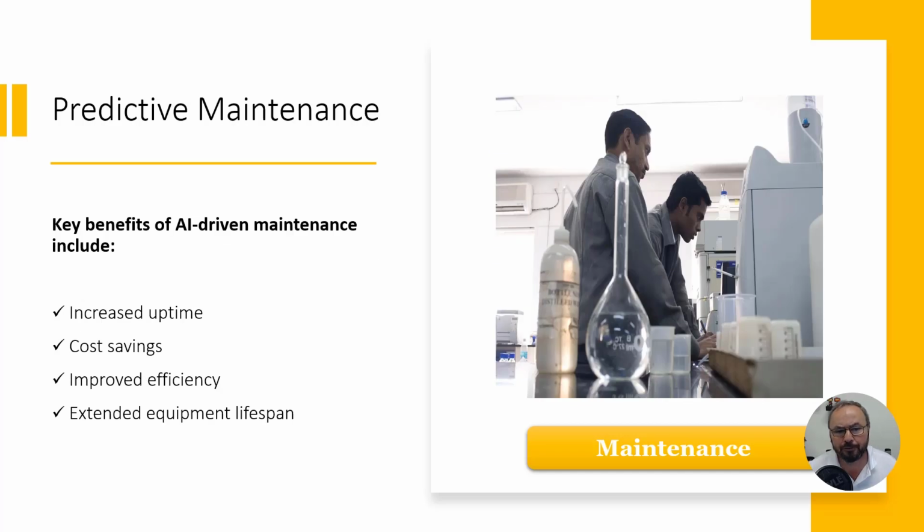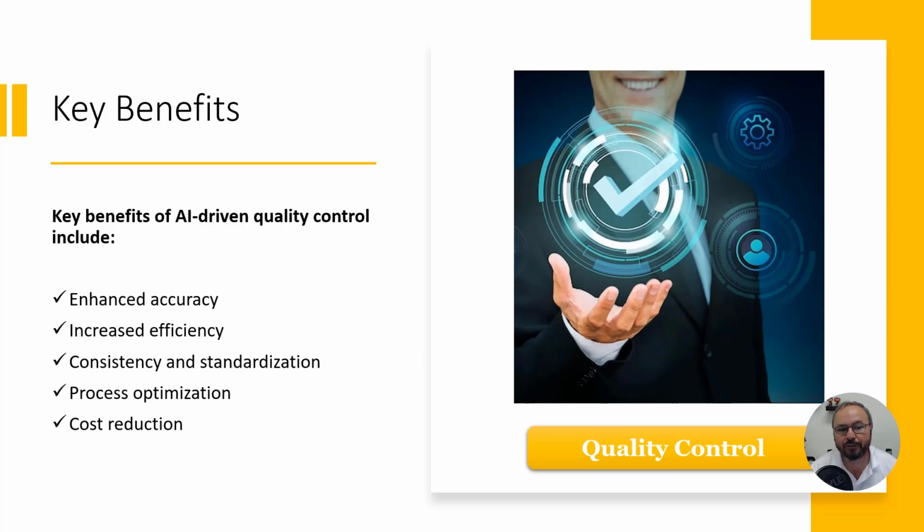Now, what are the benefits of using predictive maintenance with an AI system? Well, this could be everything from increased uptime, cost savings, improved efficiency, and also extended equipment lifespans as well. As far as key benefits of applying AI to quality control, we could get some of the same benefits, but also some additional ones as well.